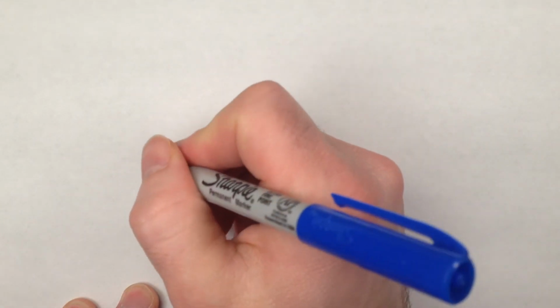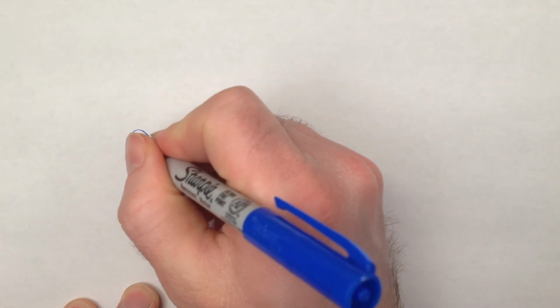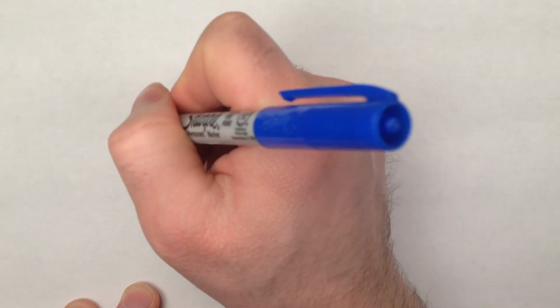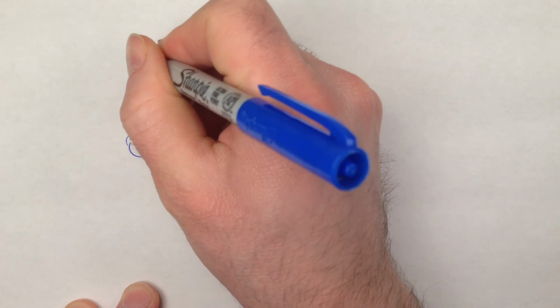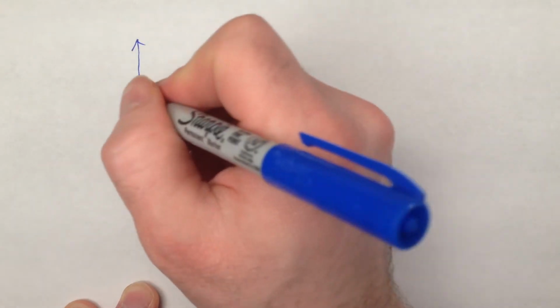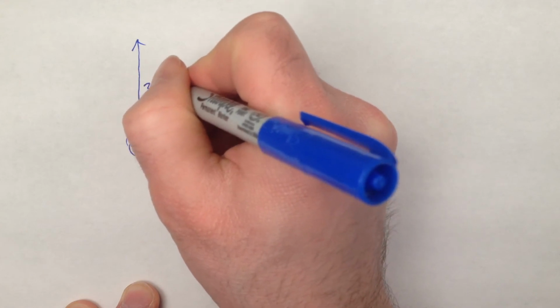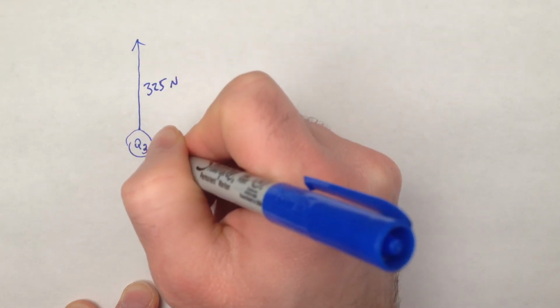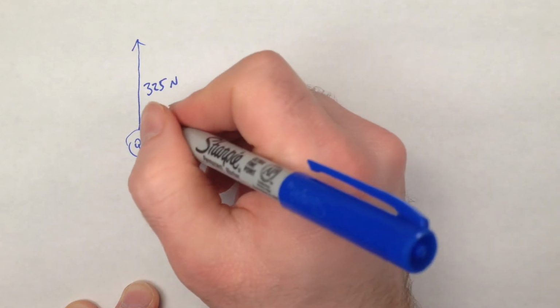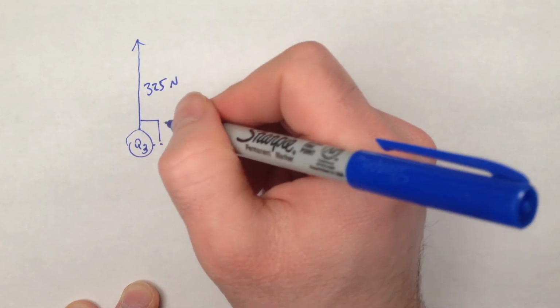Okay. So if I were to draw something representative of this, let me draw charge 3 here. So there is a force in that 90-degree direction with a magnitude of 325 newtons, right? So here's my imaginary 0 degree mark.